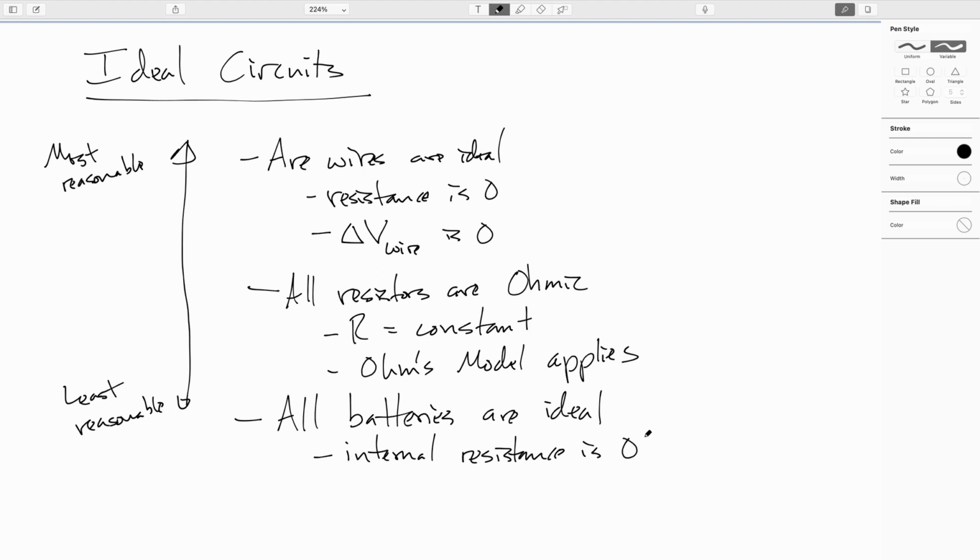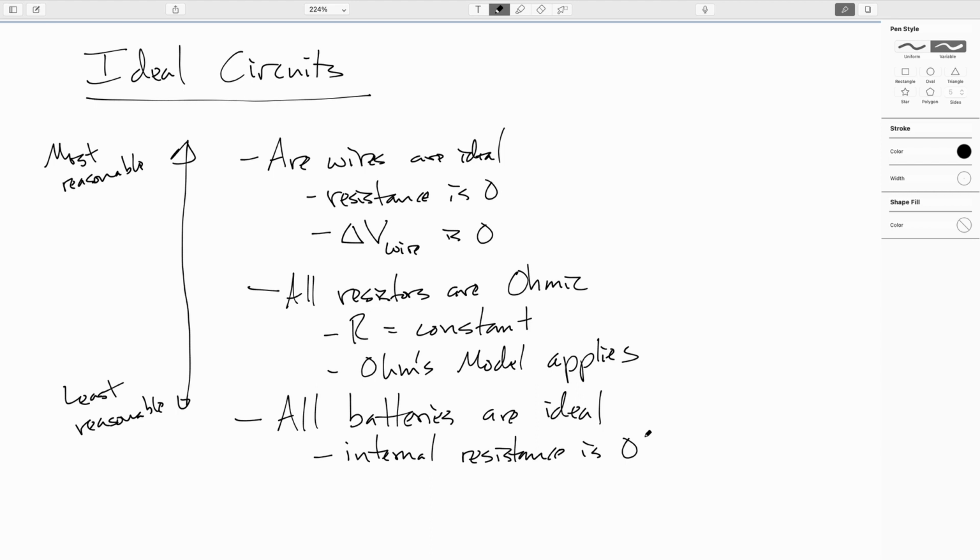However, it turns out, and we will see this in the next video when we estimate the internal resistance of a couple of D-cell batteries, that you can model the internal resistance in a real world battery as an ideal battery attached directly in series with a resistor that models its internal resistance.